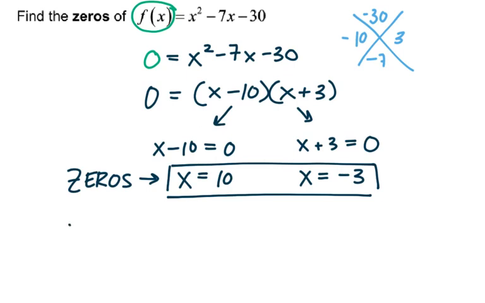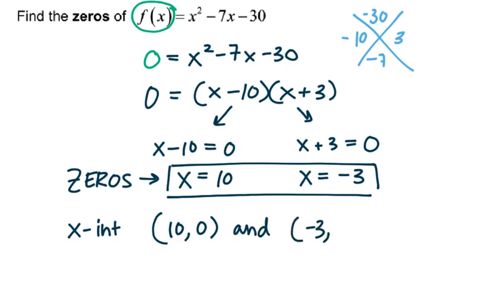And if we relate those zeros to x-intercepts on the graph, my x-intercepts would be two ordered pairs: the ordered pair 10, 0, and the ordered pair negative 3, 0. So we have 2 points that represent the x-intercepts of this function on the graph, and they are the solutions of the related equation.